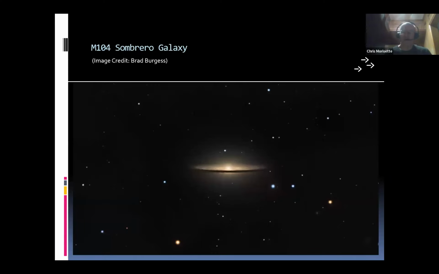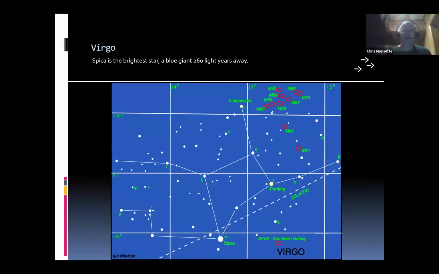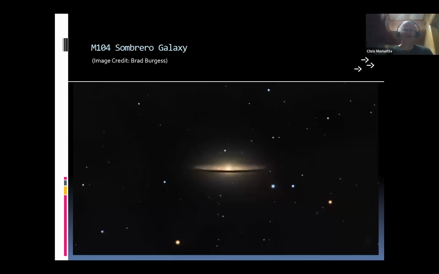This next one is the Sombrero Galaxy, and I'm just going to hop back up real quickly. The Sombrero Galaxy is actually really close to Spica. It's about 7 degrees from Spica, so it's not in the Virgo cluster per se, but it is down in Virgo. It's a beautiful example of an edge-on galaxy. You can see this beautiful dust lane right here.